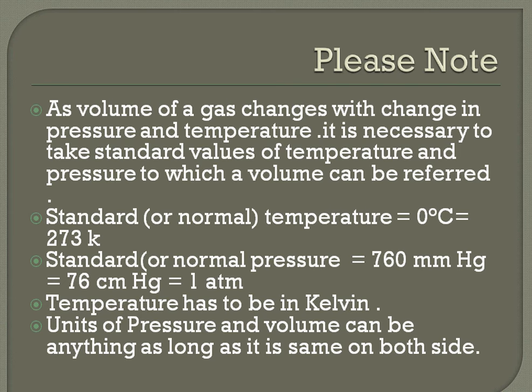It is 760 mm of mercury, or say 76 centimeter of mercury, or 1 atmosphere. In all these gas equations, as I have told you, temperature has to be in Kelvin, but units of pressure and volume can be anything as long as they are the same on both sides. All right.